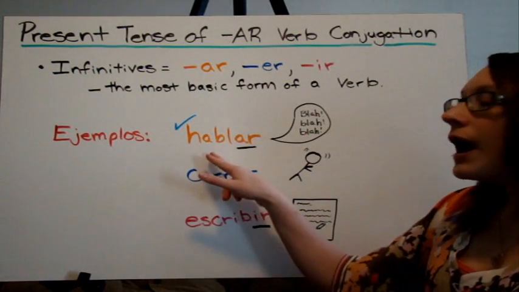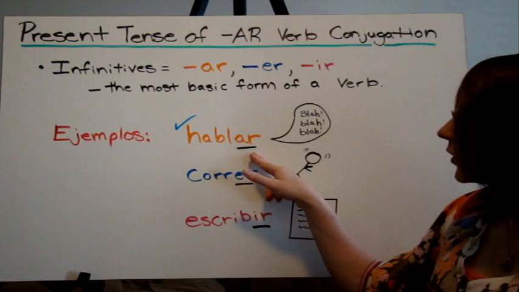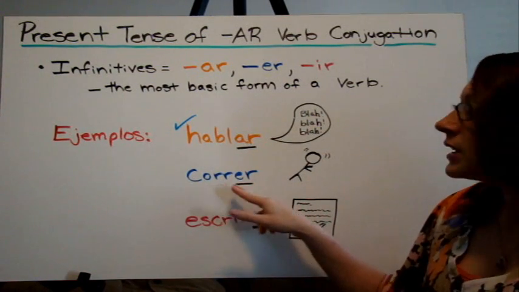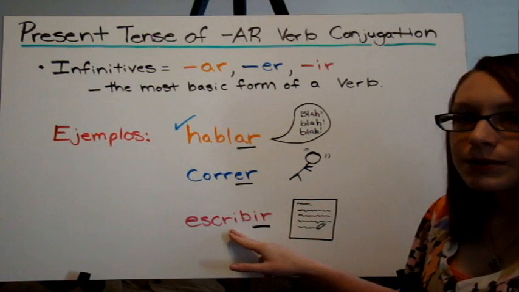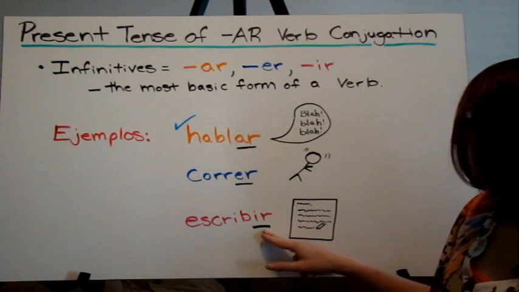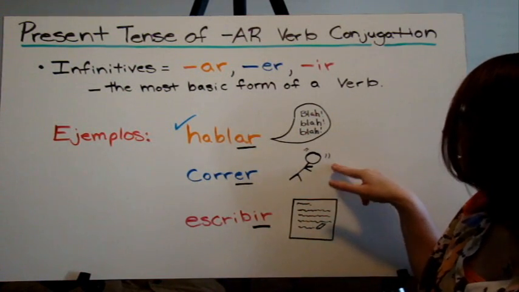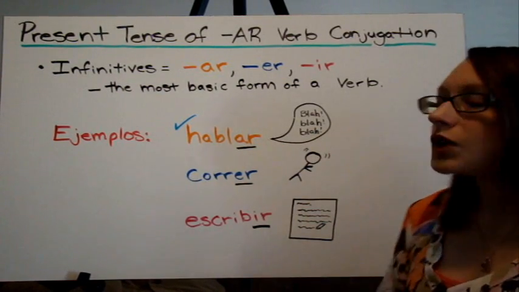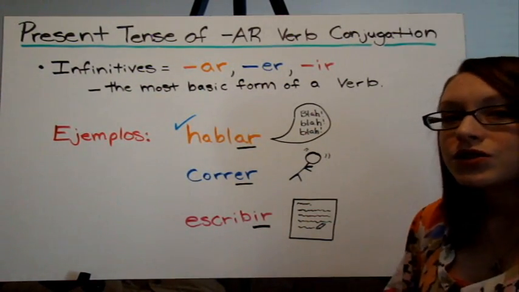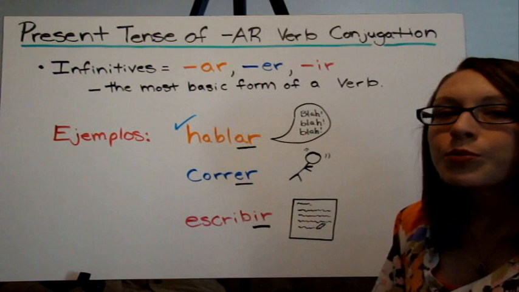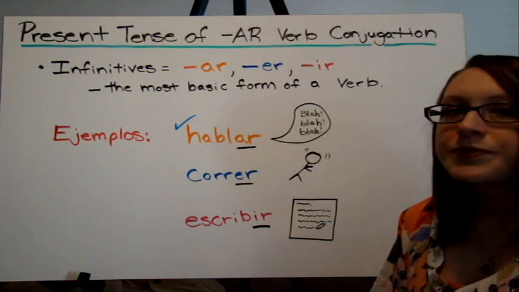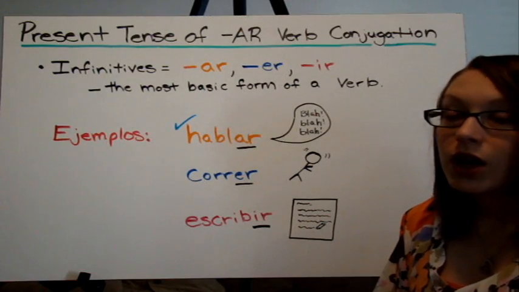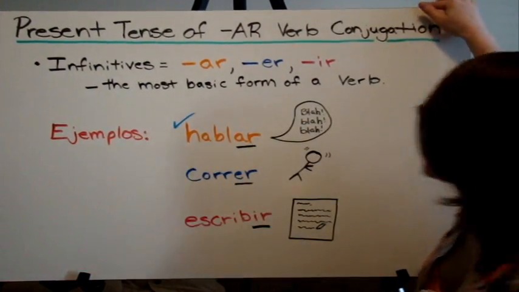For example, hablar, AR verb; correr, ER verb or infinitive; and escribir, an IR infinitive, to write, to run, and to talk. What we're going to learn today is to not just have the action, but also to attach the subject to the infinitive. And that is what conjugation is.